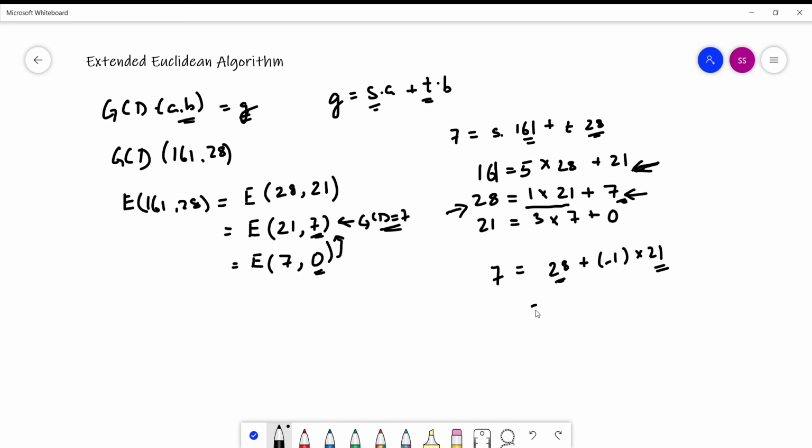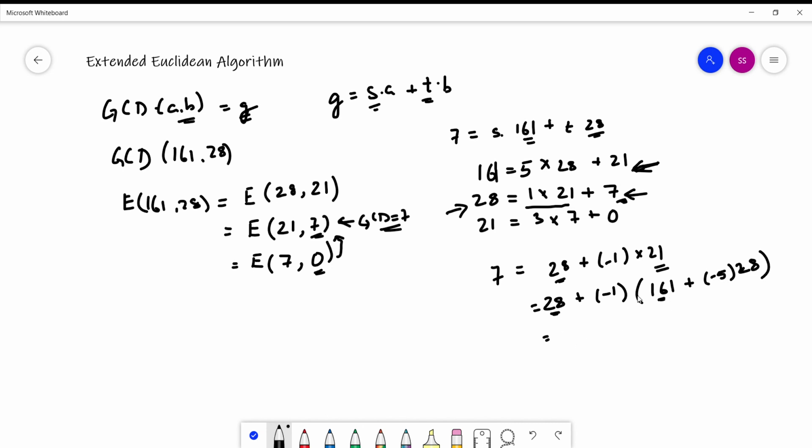So I can write this as 28 plus minus 1 into, now 21 can be written as 161 plus minus 5 into 28, right? This minus 5 into 28 will go this side with a negative sign. Now we don't have to solve this, we have to keep the terms 28 and 161 intact.